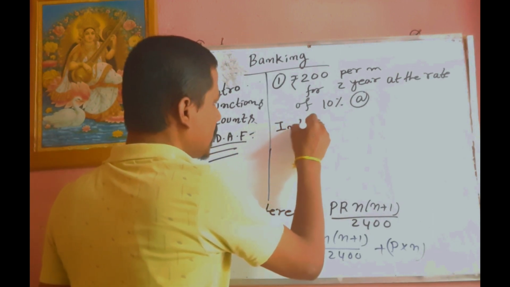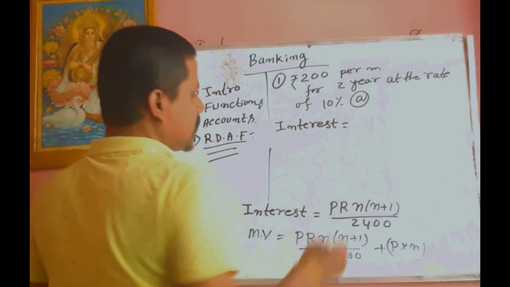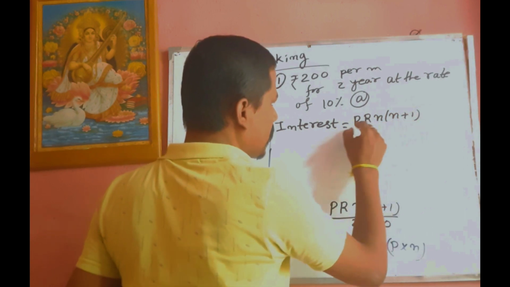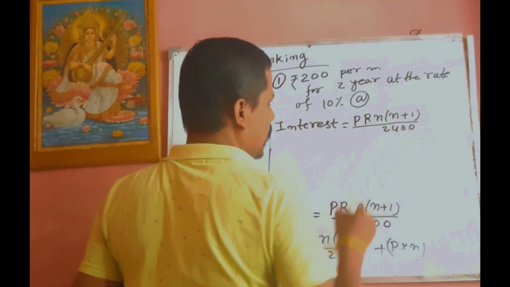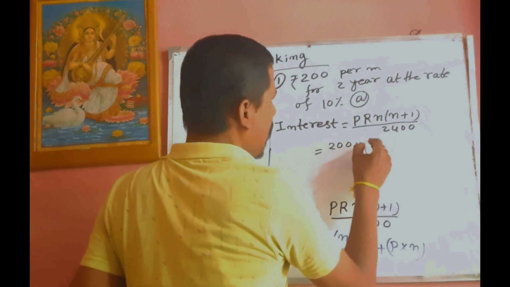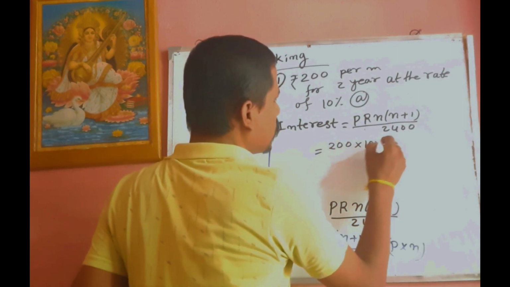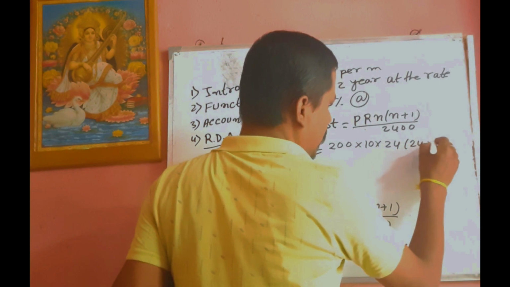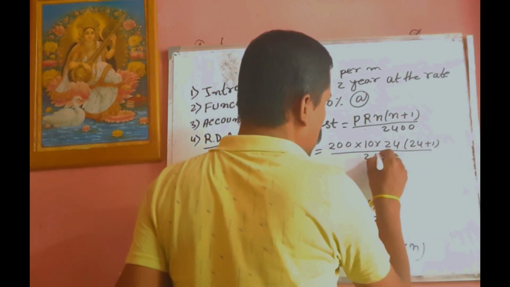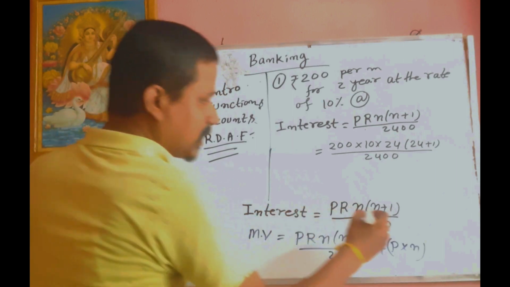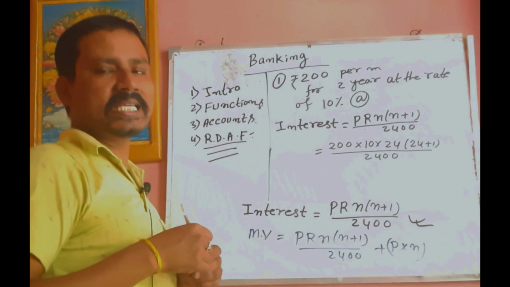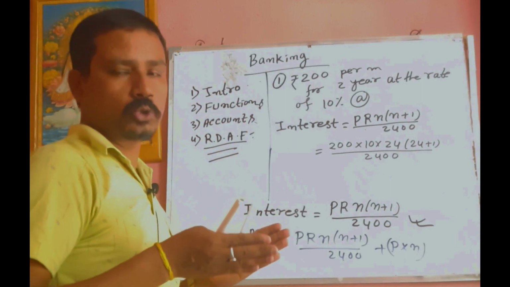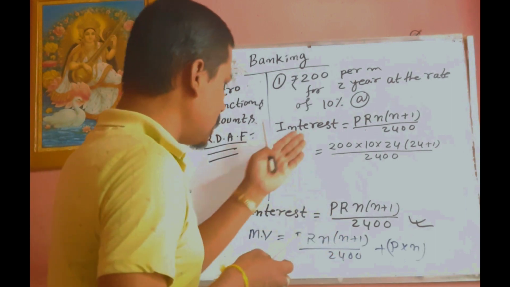So interest is equal to P into R into n into (n plus 1) divided by 2400. Now here P is equal to 200, R is equal to 10, and n is equal to 2 years, that means 24 months. And now 24 plus 1, divided by 2400. We are using this formula to find the interest earned by the person who deposited that money in the financial institution or banking institution.